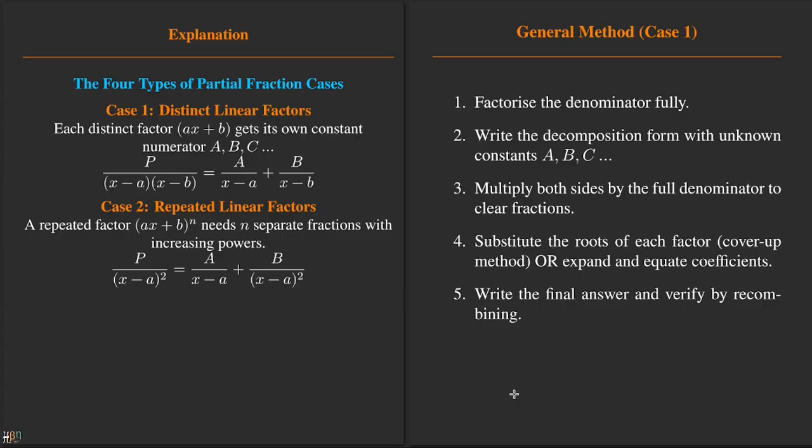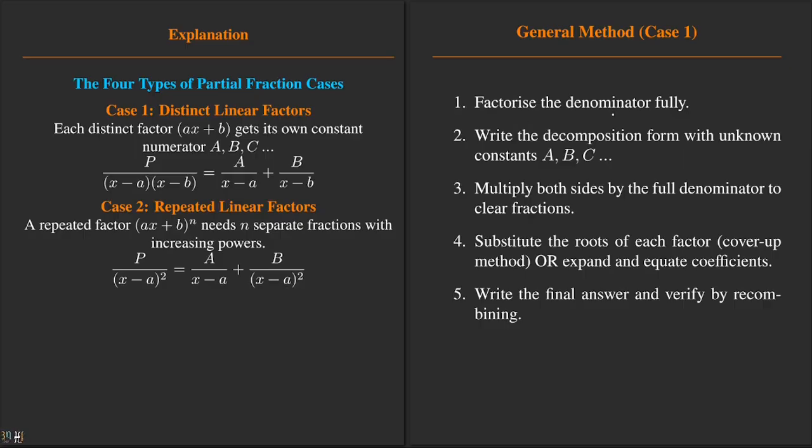Now, when it comes to case 1, as we have said, the denominator is made up of what? Linear factors. Anytime you are given the partial fractions, make sure you factorize the denominator fully so that you would be able to tell that there are no repeated factors or irreducible quadratics.